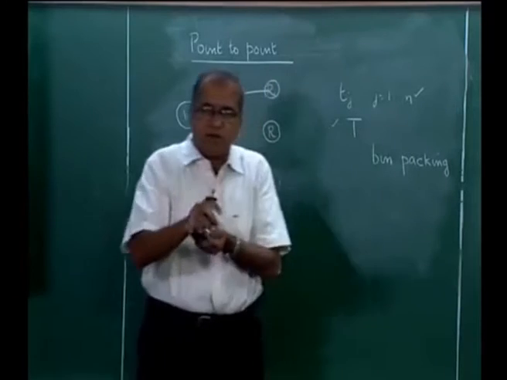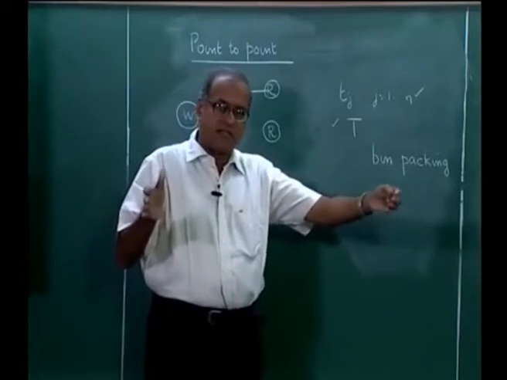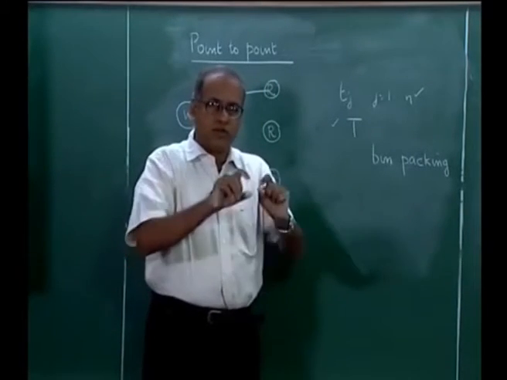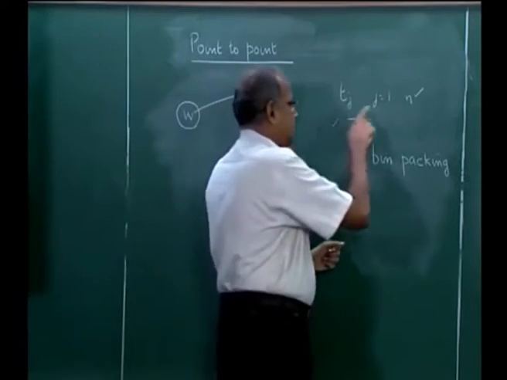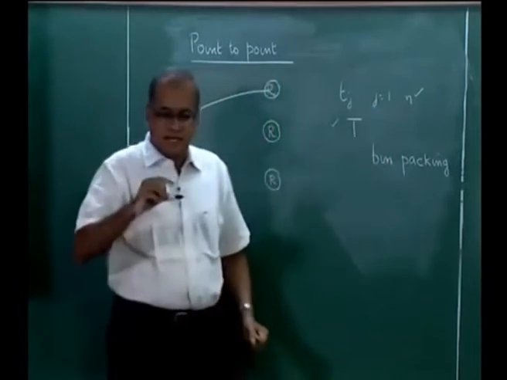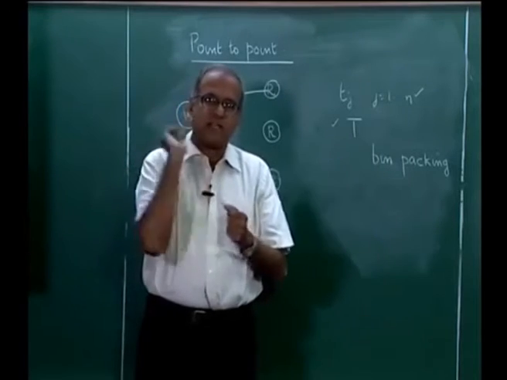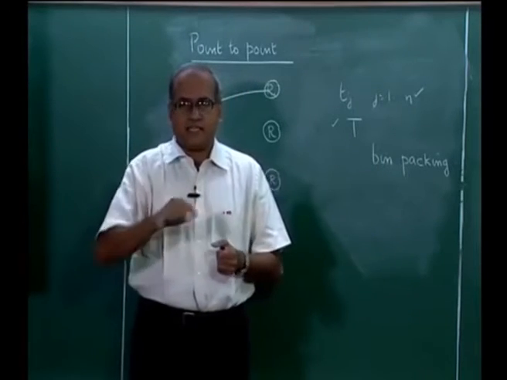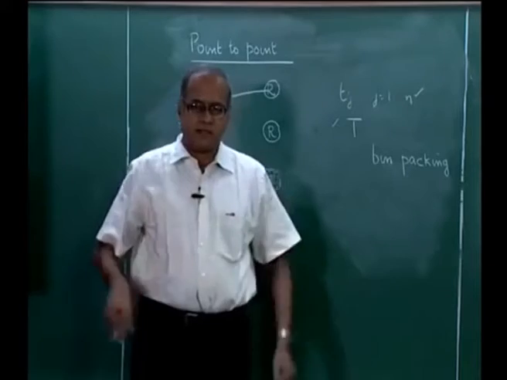What is the minimum number of the longer sticks with length T that I require, which I can break to get these n lengths, where the jth smaller stick has a length tj? That is another way of looking at this.